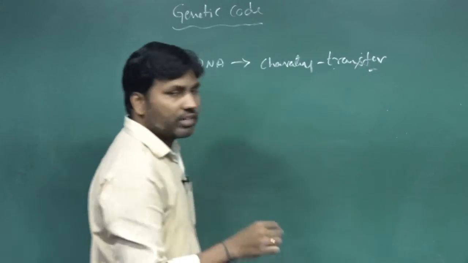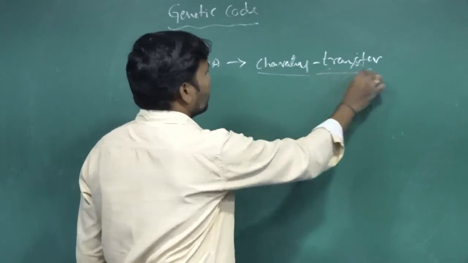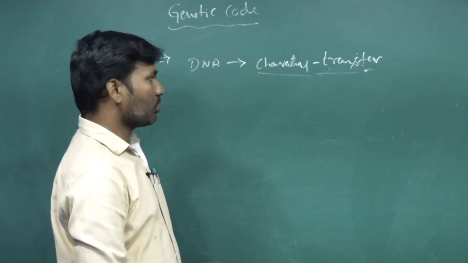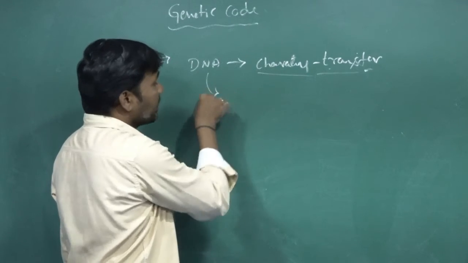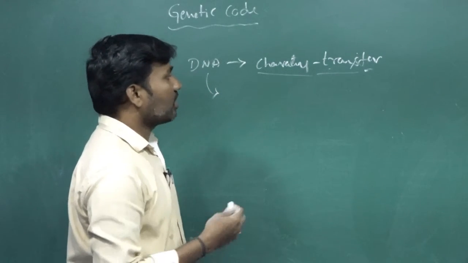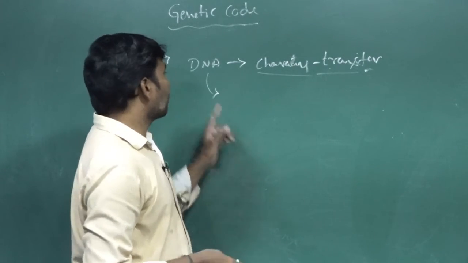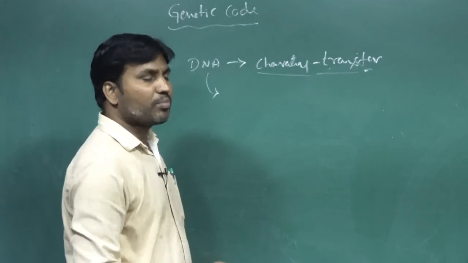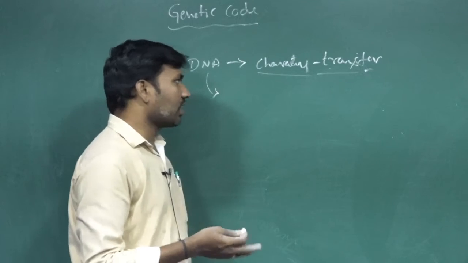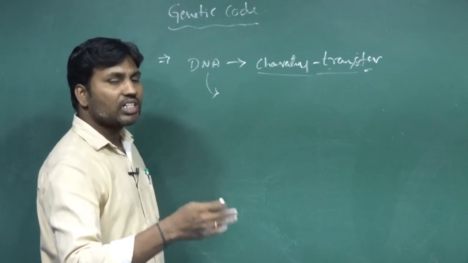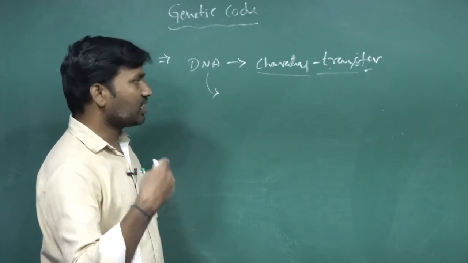That means the DNA carries the hereditary process. How does DNA carry this transfer of characters from one generation to the other? The hereditary process is nothing but the transfer of information from one generation to another.